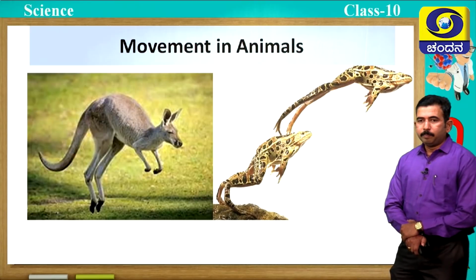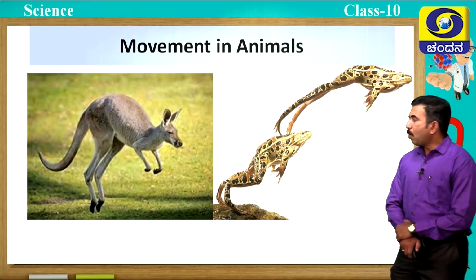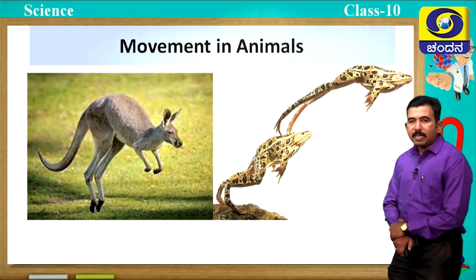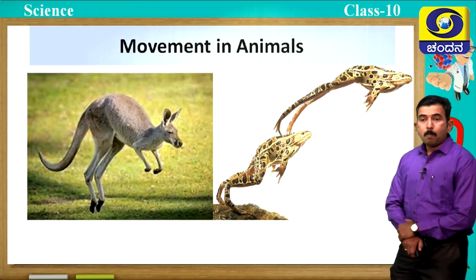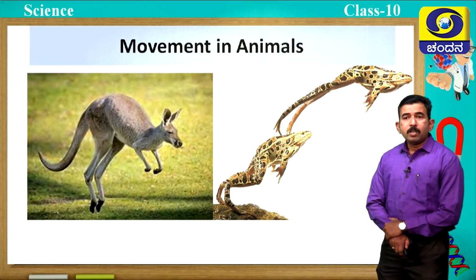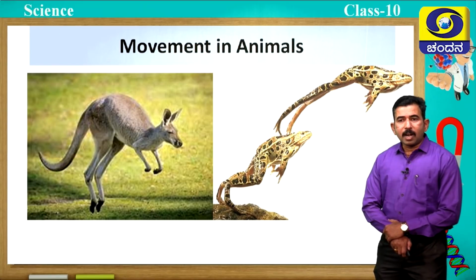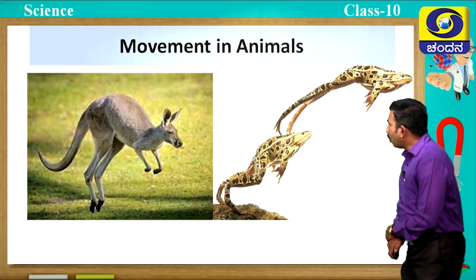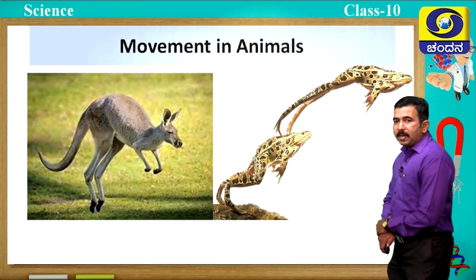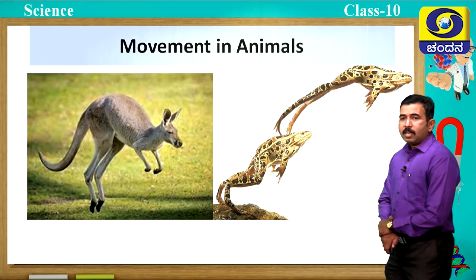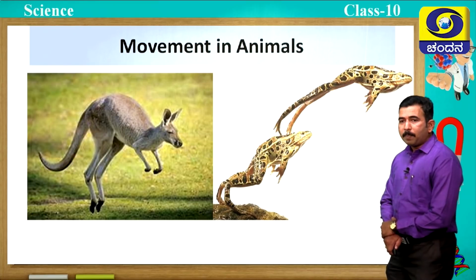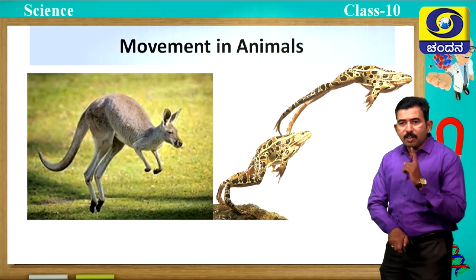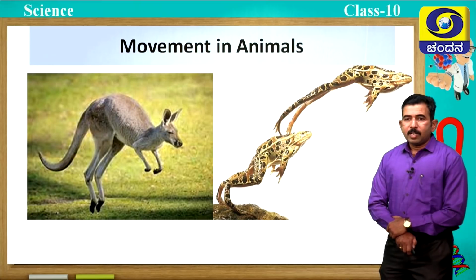Observe this picture. What are you observing here? Movement in animals. Yes, movement is one of the criteria to differentiate living and non-living things. In this picture you are observing kangaroo jumping and also frogs jumping, which is clearly visible to your eyes.